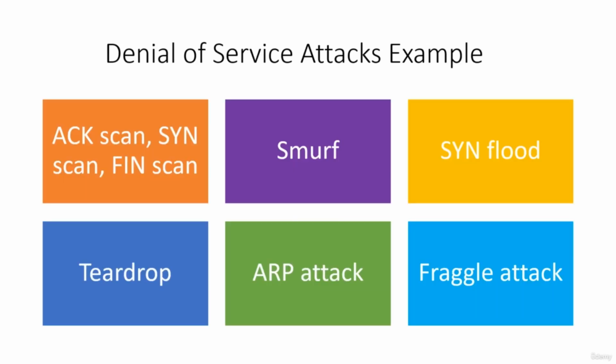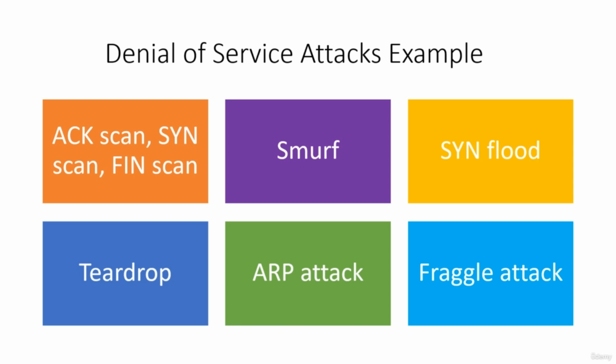So let's talk about examples of denial of service attacks. The first one is ACK scan, SYN scan, or FIN scan. These techniques use similar approaches to check whether ports of the targets are open and can be exploited, and they are also used to gather information as well as deny services.